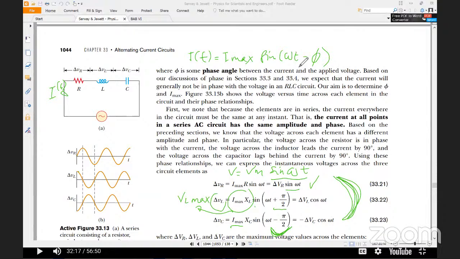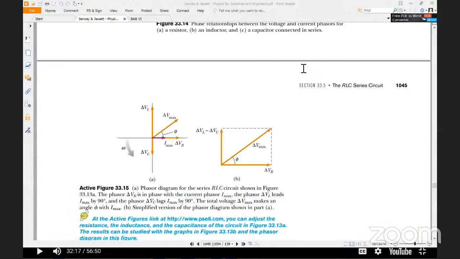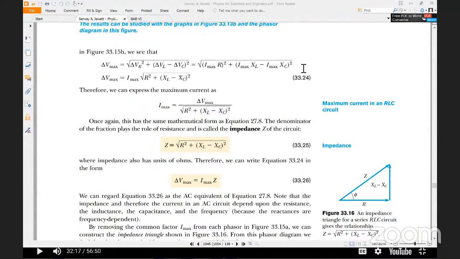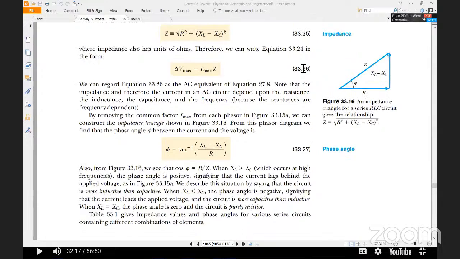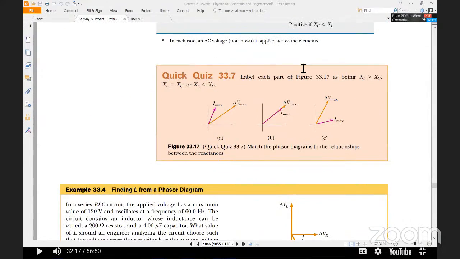And now we move to the next topic. And I will give the example for chapter 9.